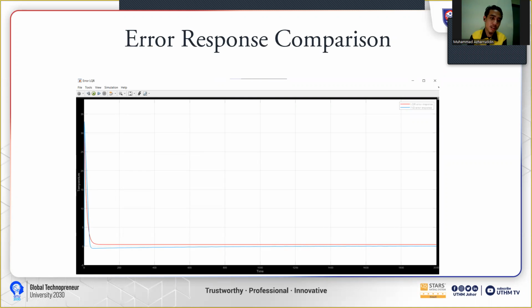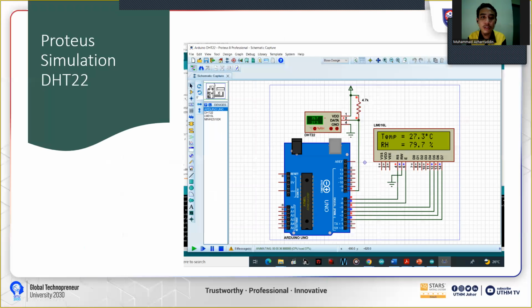The error is not very bad, so the system can still be used.